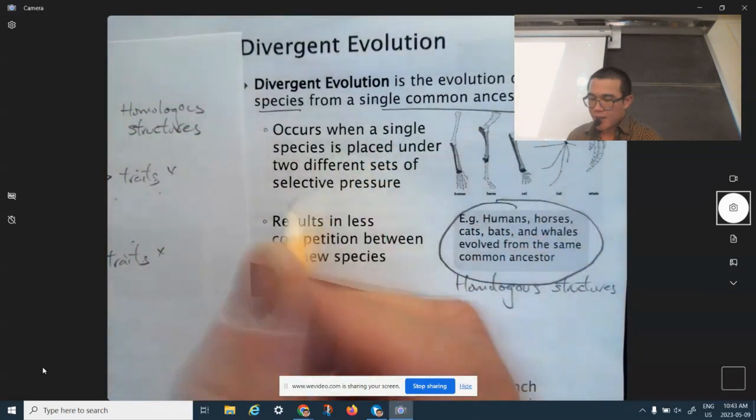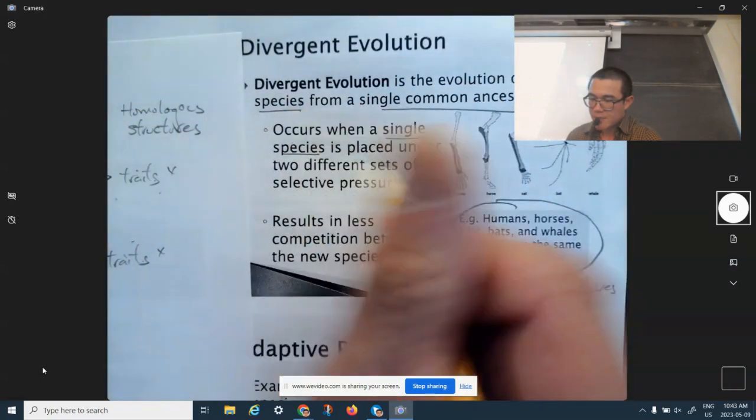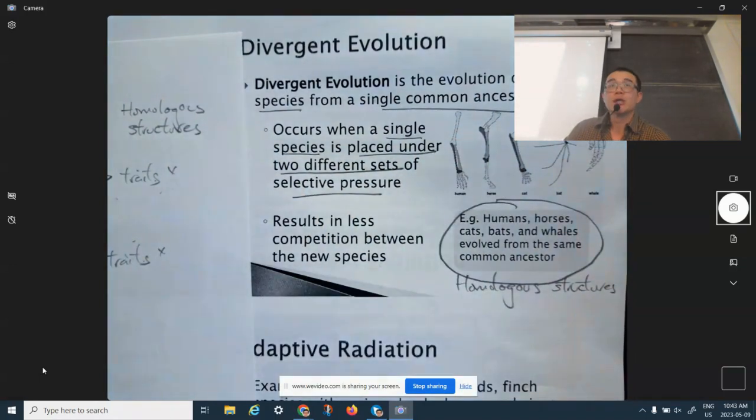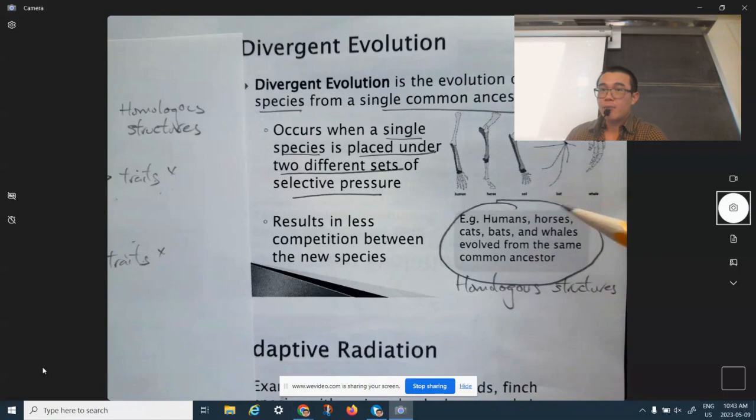So the idea is that you have a single species placed under 2 different sets of selective pressure. Maybe some of them will be in an area where it's better for you to be able to catch birds, or to be able to fly, versus to be able to swim. That would be an example.